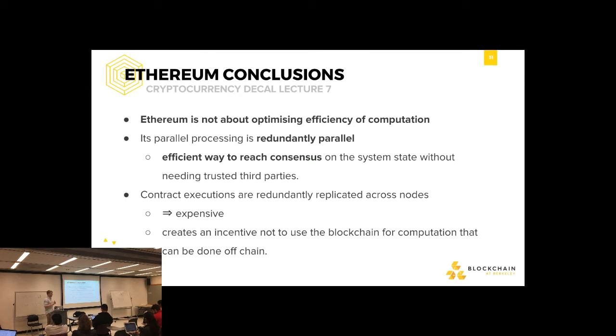And this really gives it an efficient way to reach consensus in this network. And because they are redundantly parallel, it's very expensive, and that's why you shouldn't be running machine learning or something on your Ethereum contract code. And hopefully this gives an incentive for heavy computation that can be done outside of the blockchain to not be done on the blockchain.